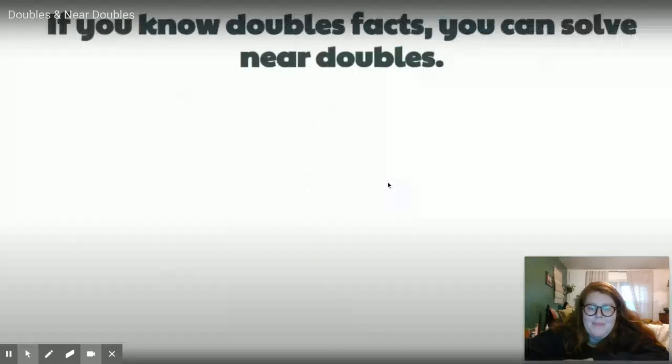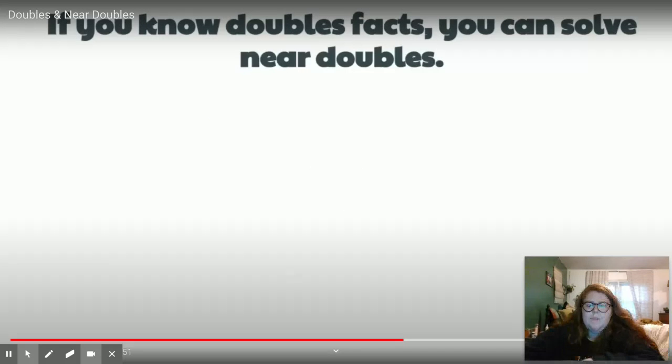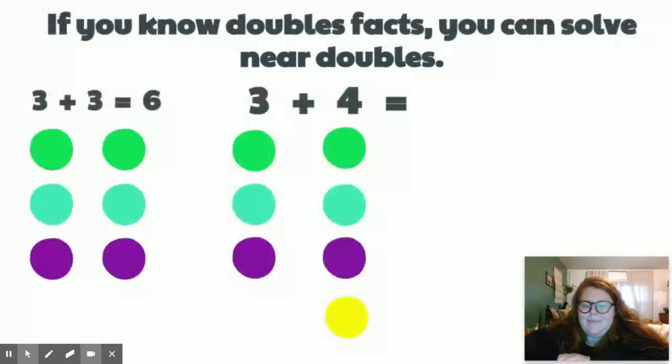If you know doubles, now, what were those other problems? We know that we had doubles, but on the other side, what was the other problem that they gave you? It was a doubles plus 1. They added one more into there. If you know doubles facts, you can solve near doubles. For example, 3 plus 4, 4 is just 3 and 1 more.